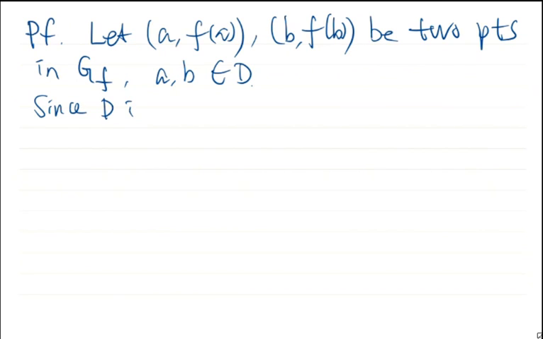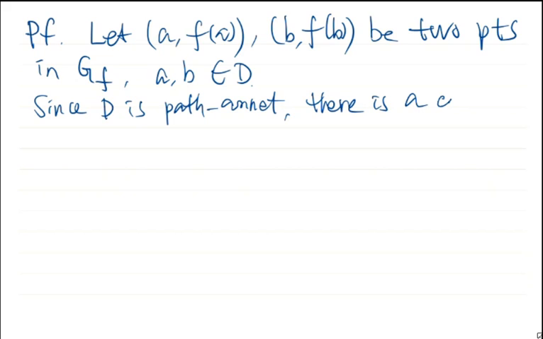Since D is pathwise connected, by definition, and a, b are two points in D, there is a path in D joining the points a and b.